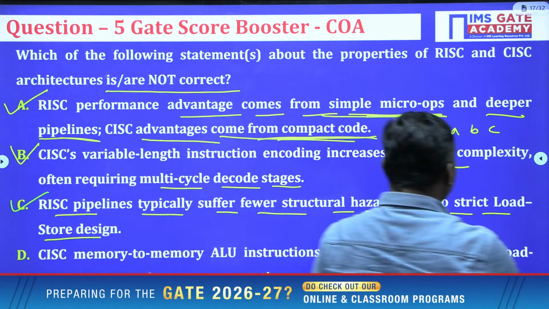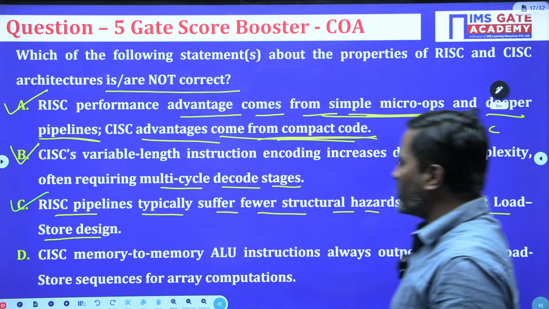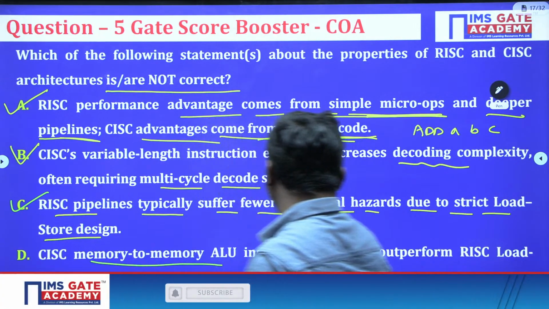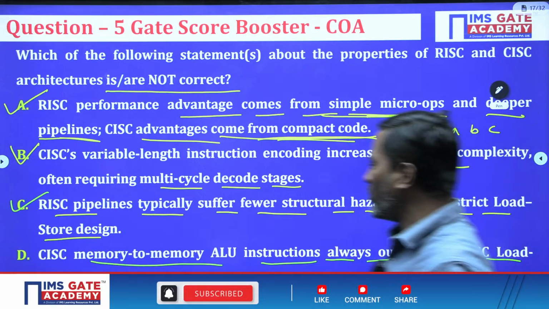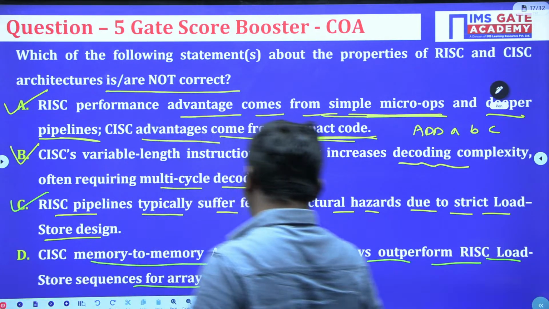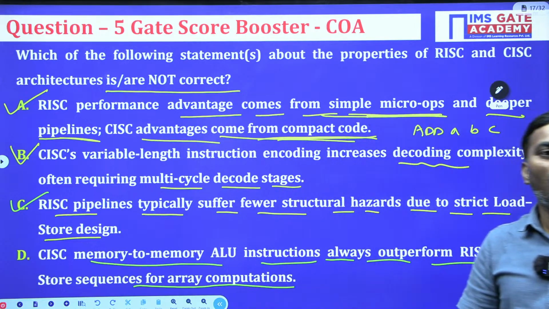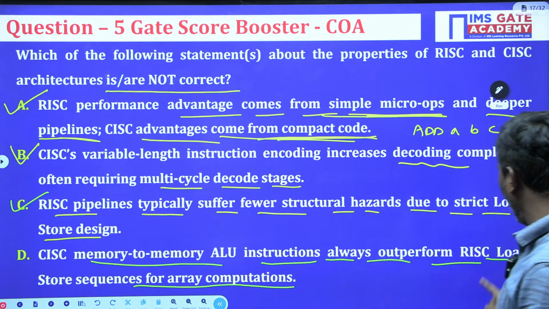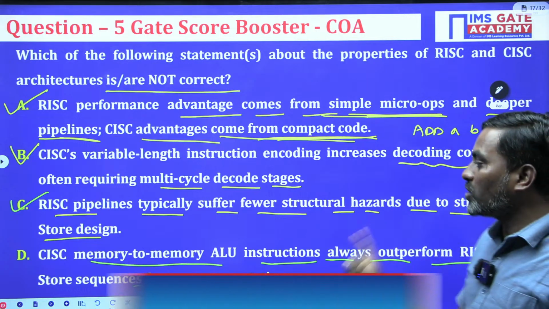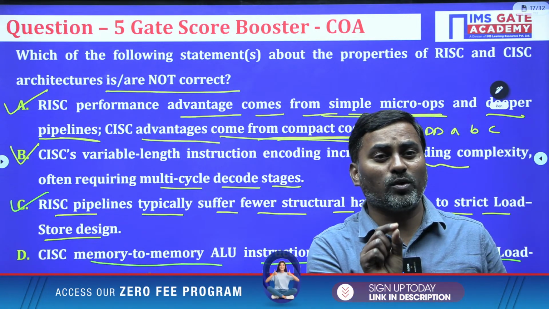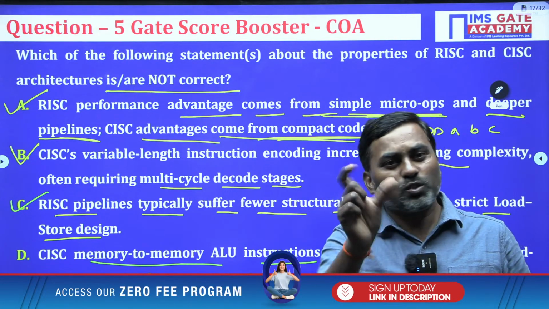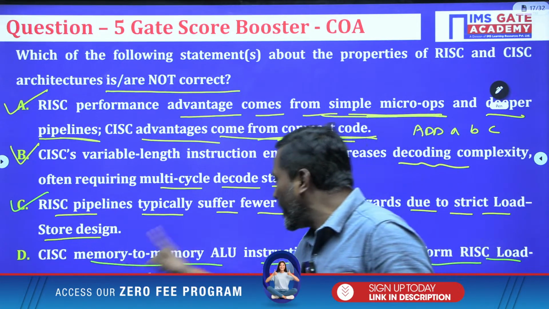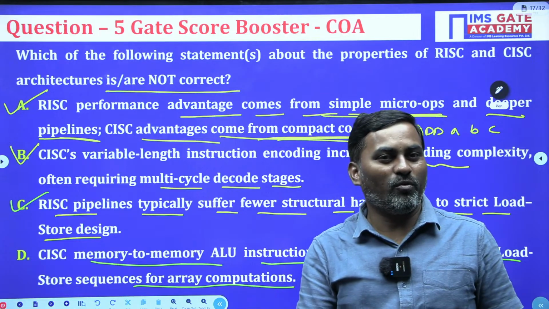Yes, is it clear? Now, CISC memory to memory ALU instructions always outperform RISC load store sequence for array computations. What is it saying? You understand RISC load store also requires memory access. Load store requires memory access, and memory to memory reference also requires memory access.